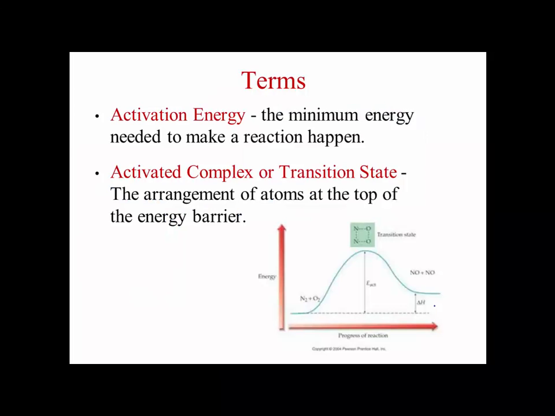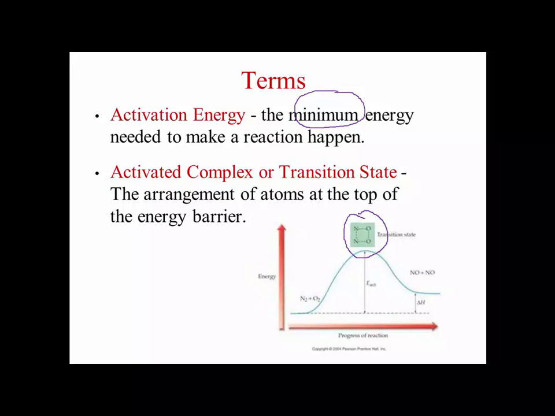So activation energy is that minimum energy, that energy barrier that you need to get over to get those reactants to turn into products. You may also hear it called a transition state or activated complex. That's the species that's formed at the peak of that activation energy hump.